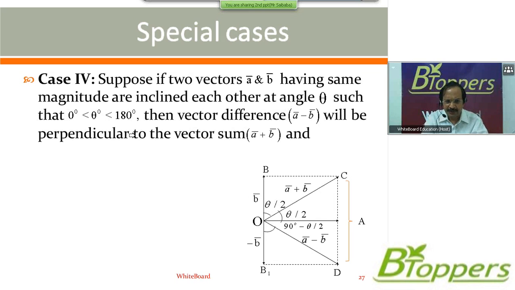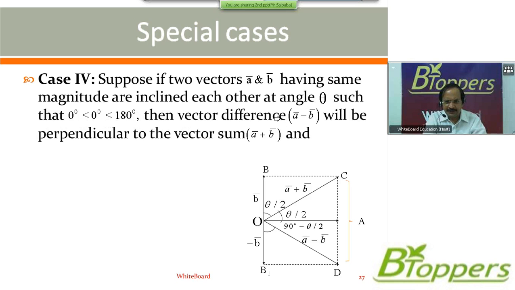Coming to the special case 4. In general, suppose two vectors A bar and B bar having the same magnitude are inclined to each other at angle theta such that 0 degrees is less than theta less than 180 degrees.